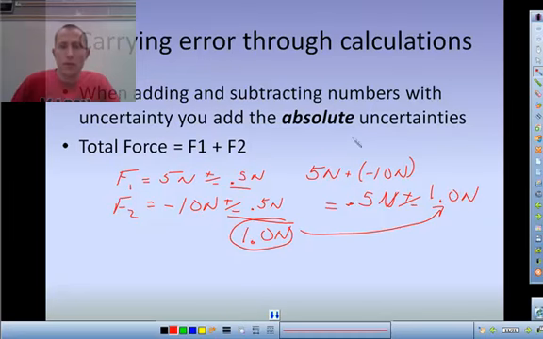So our answer, our net force in this case, is then negative 5 newtons plus or minus 1 newton.